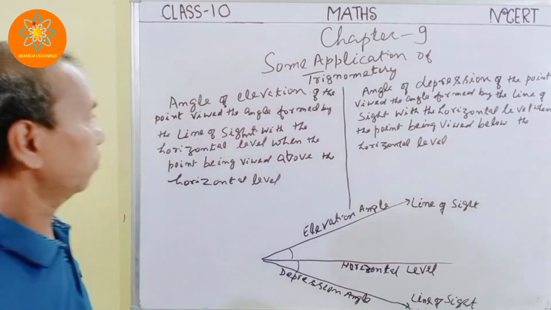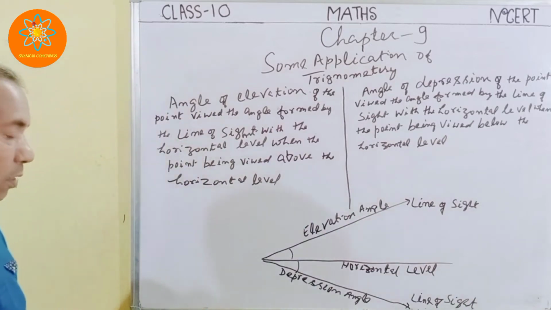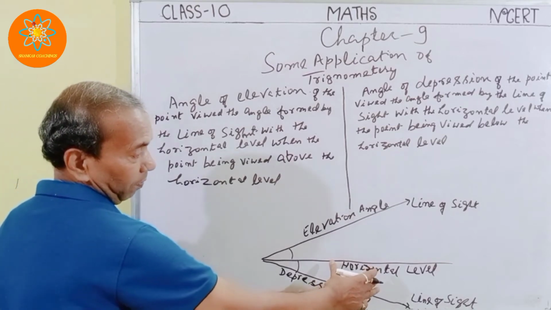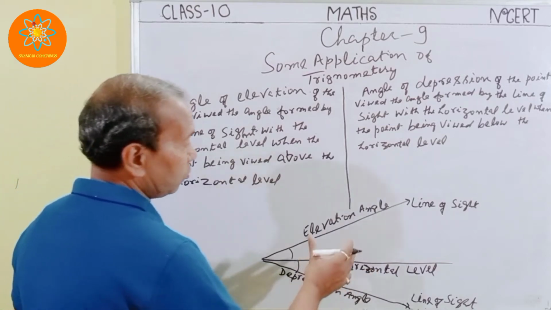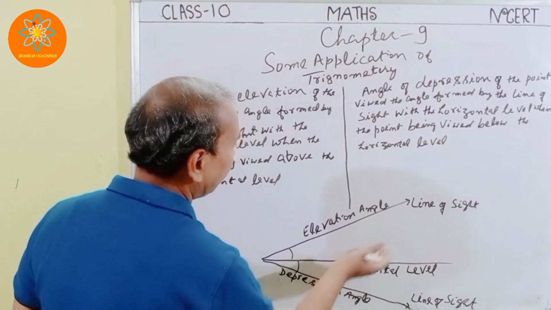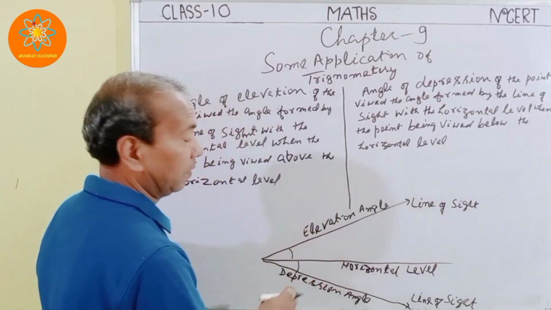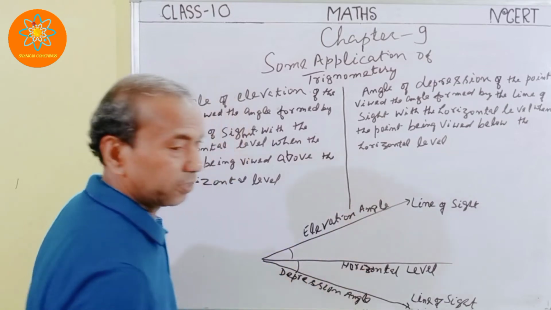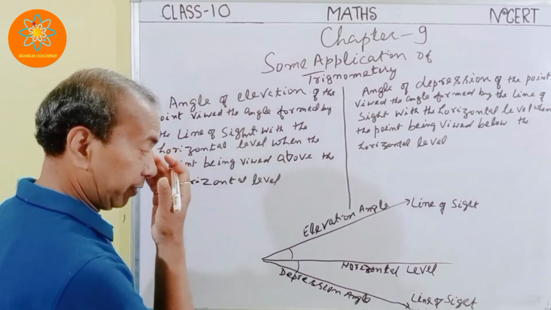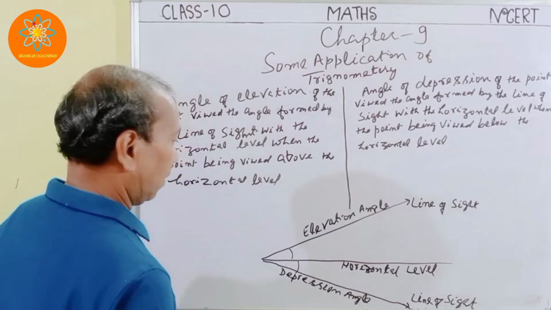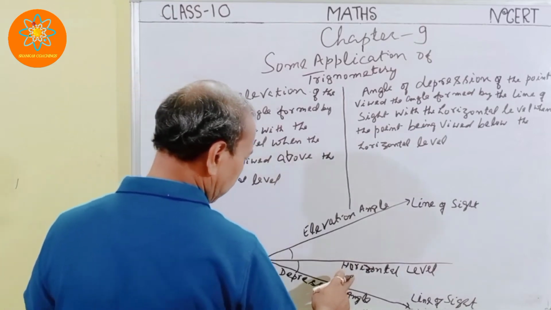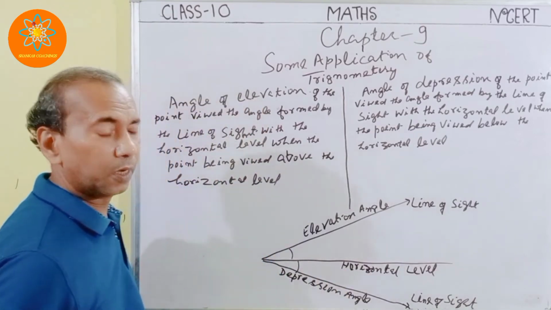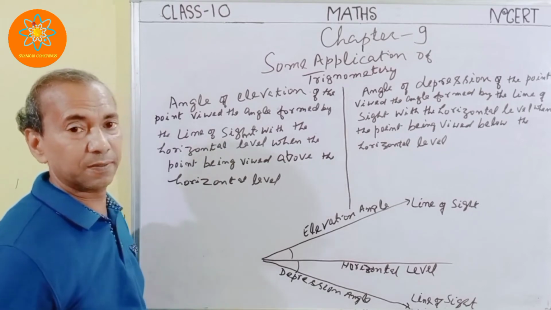Okay, so in brief, suppose this is the horizontal level. Above this horizontal level, this angle will be the elevation angle, and it is your line of sight. And below this horizontal level, this is the depression angle.